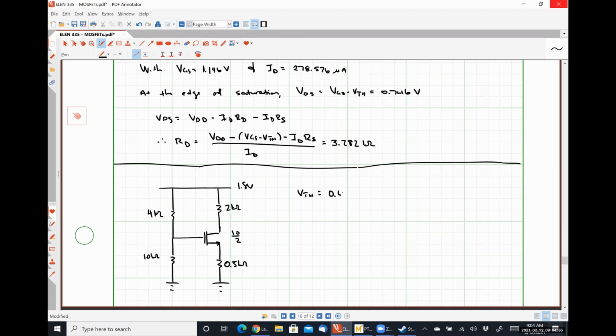Threshold voltage 0.4. Mu n Cox is 200 microamps per volt squared.